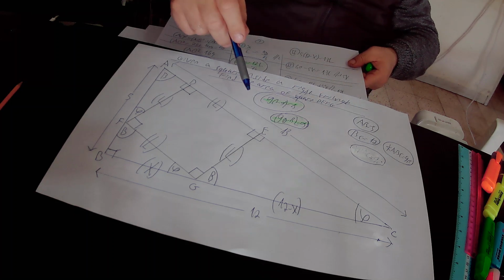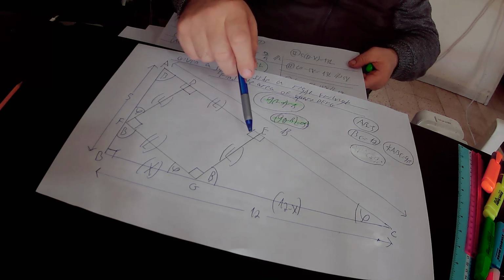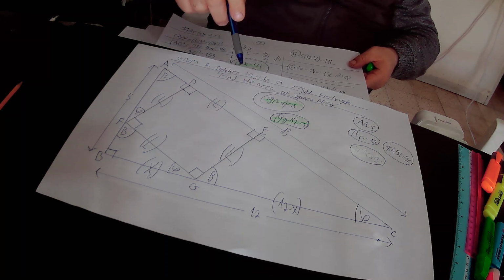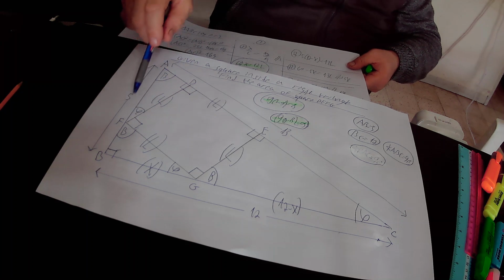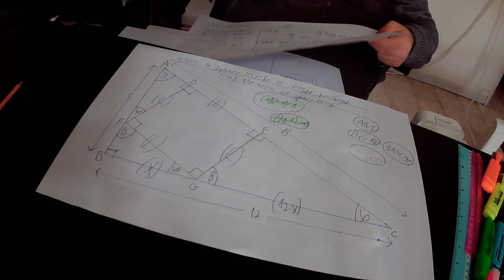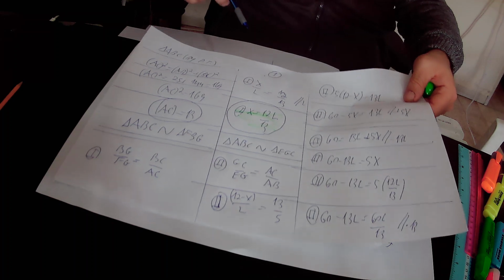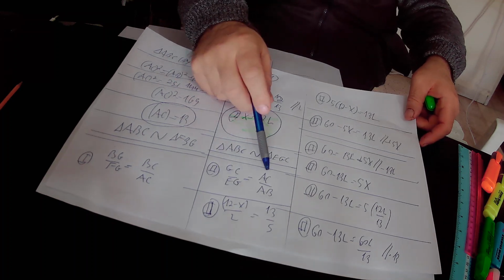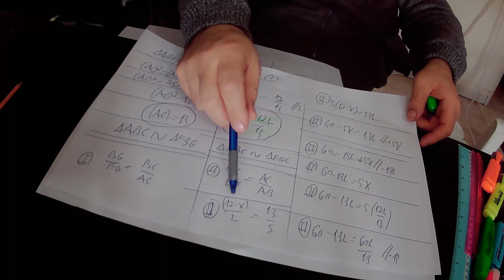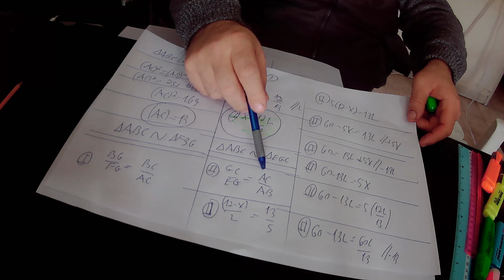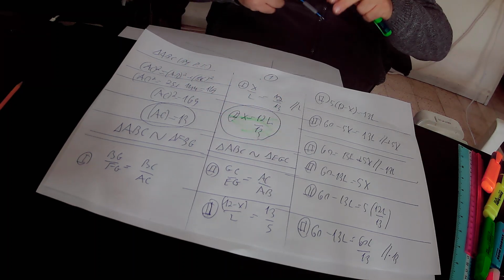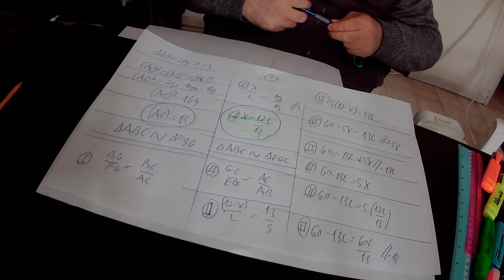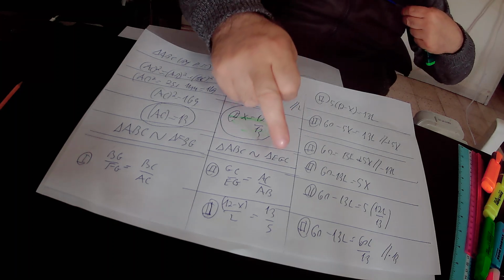GC over EG in the small right triangle EGC equals AC over AB in the big right triangle ABC. I repeat again, GC over EG equals AC over AB. GC is 12 minus x, EG is L, AC is 13, and AB is 5. So in conclusion, according to equation 2, (12 minus x) over L equals 13 over 5.